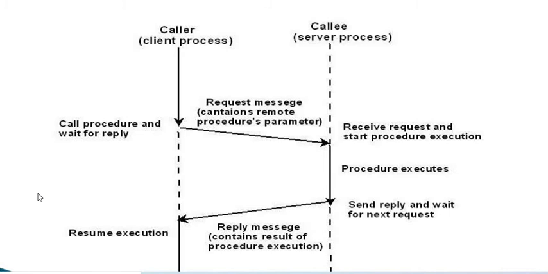The client process sends a call request message to the callee, that is commonly known as server process, and blocks waiting for the reply message. The request message contains the remote procedure parameters, among other things.